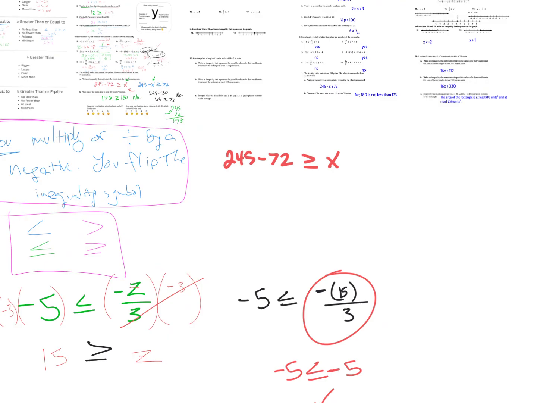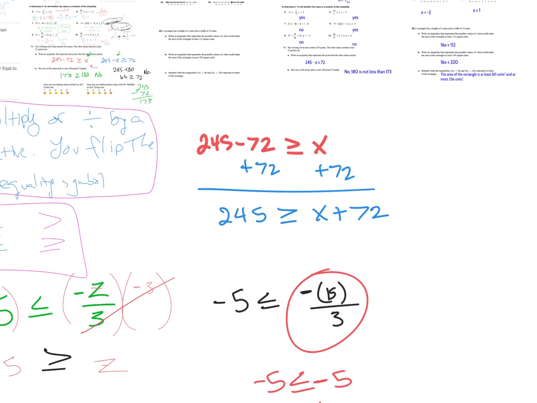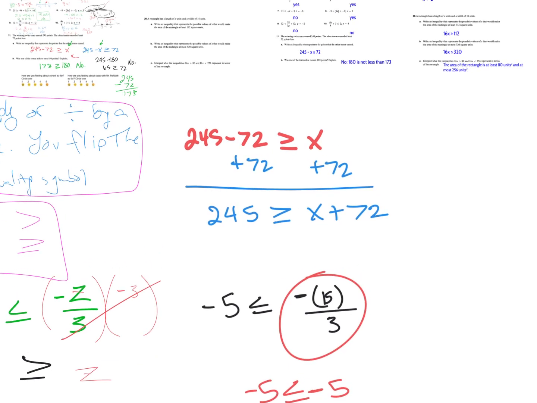Basically, I'm going to move 72 points to the other team. If I give the other team 72 points, then they scored less than 245, right? But here's how they set it up. They're like, no, let's go ahead and move the other team's score over here, right?